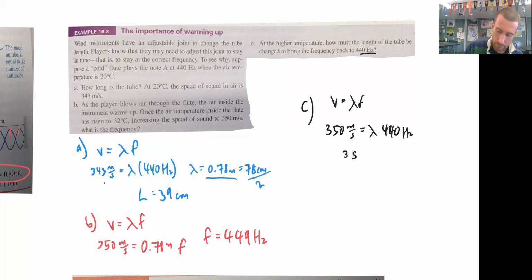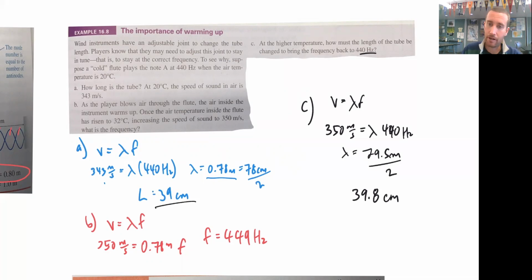Sorry, the wavelength is 79.5 centimeters. And then divide that by 2. That's 39.8. So now the tube has to be 39.8 centimeters long, as opposed to my original 39.